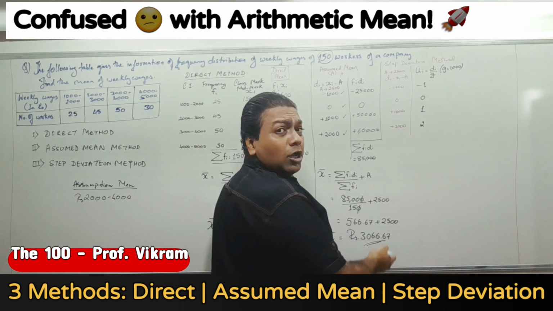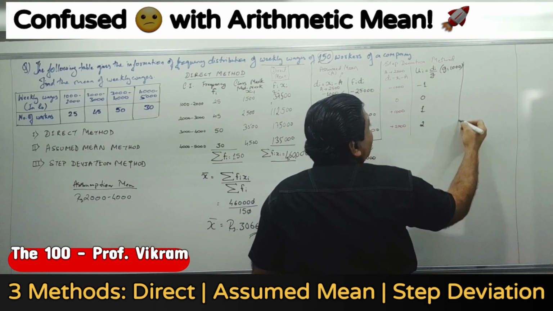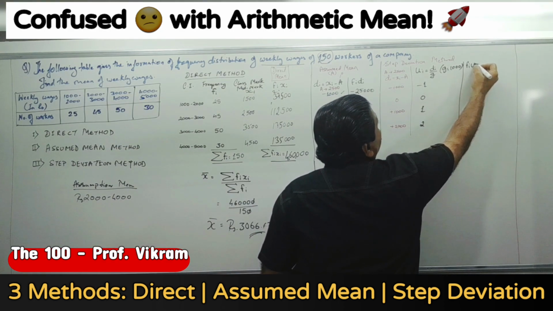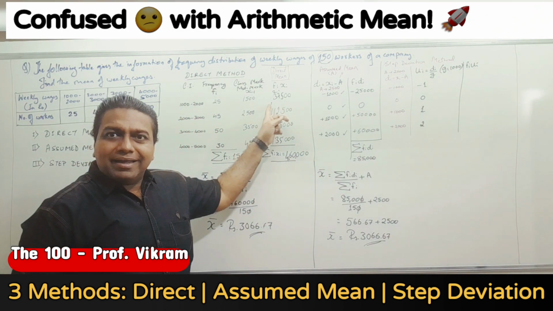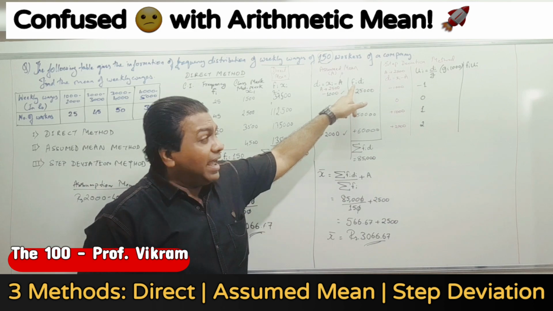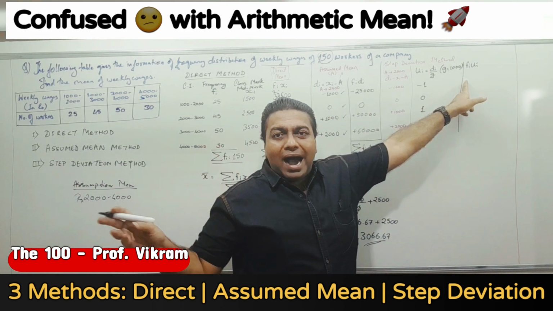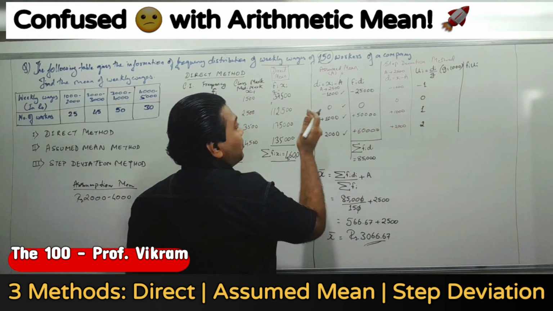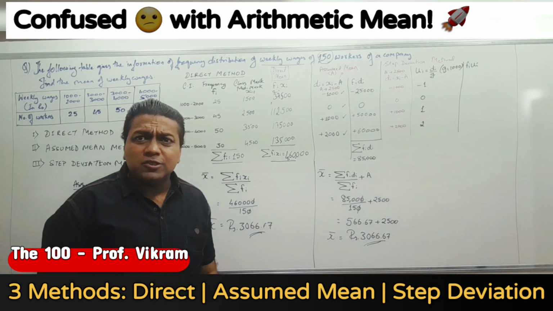So my third column, which is going to come down over here, is nothing but FiUi. Instead of FiXi or FiDi, I am going to have FiUi. I am going to multiply my frequency with the value of Ui, which is pretty simple.